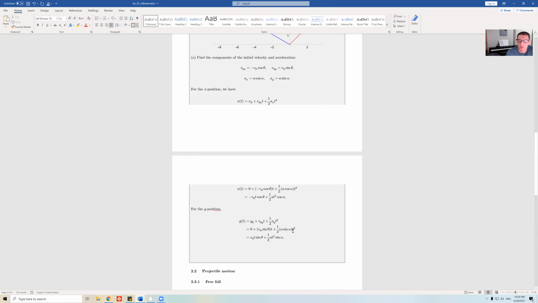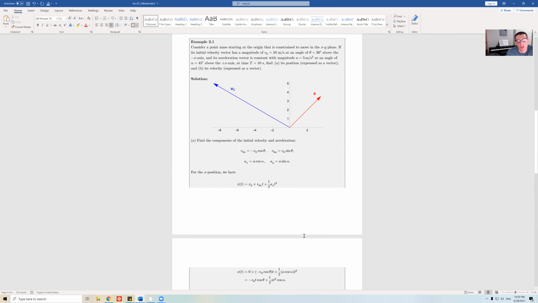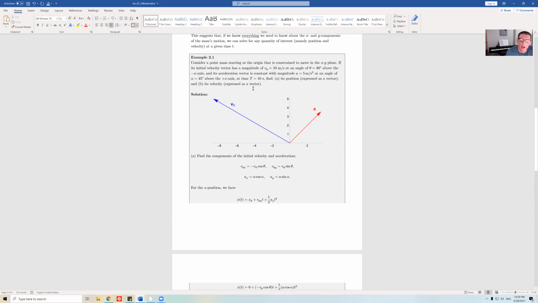Now we could write what our R vector is at any time. I don't even think I'm going to plug the numbers in because I want to start gradually distancing myself from the numbers. I don't think there's too terribly much benefit in solving for things numerically, if I'm being honest.